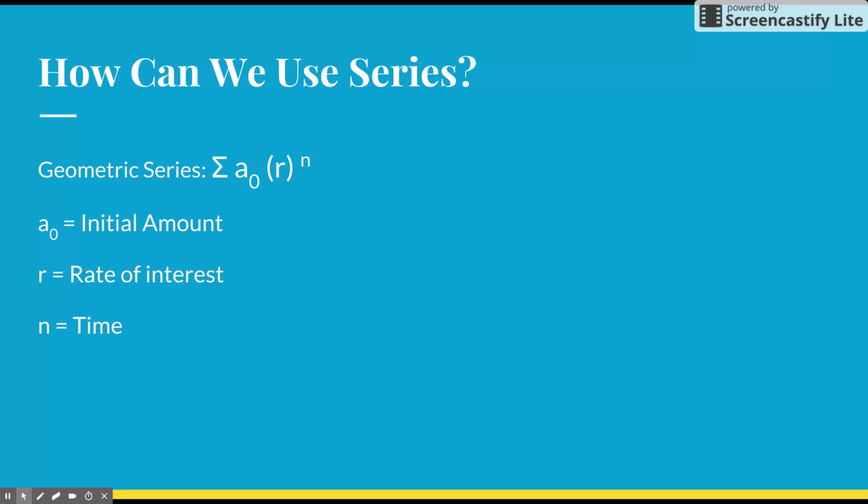The R, which in this case will be the rate of interest, which will usually be a percentage, but then once we use it in the equation, it'll be a fraction. And then N, which in this case will be time. So you've really got to worry about when your interest is being compounded.